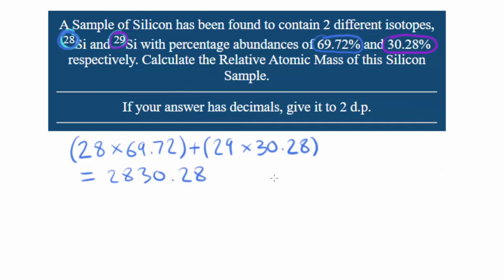Now, what do we need to do next? Well, we need to figure out if the percentage abundances actually add up to make 100. Some of you can work this out maybe from inspection, but I would invite you, if you cannot work it out from inspection, to add them.